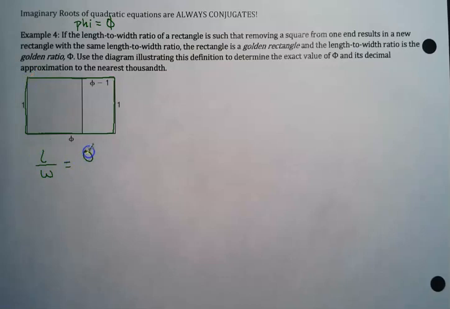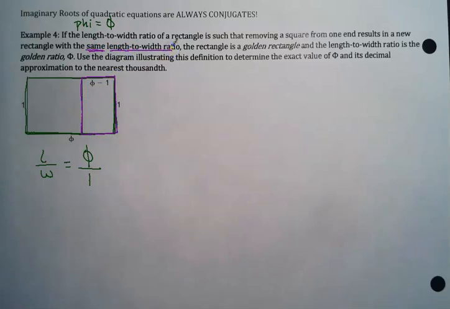So that would be phi over 1. Does that make sense? Our length to our width ratio. Okay, now if we remove a square from one end and it results in a new rectangle, okay, so here's our new rectangle with the same length to width ratio.